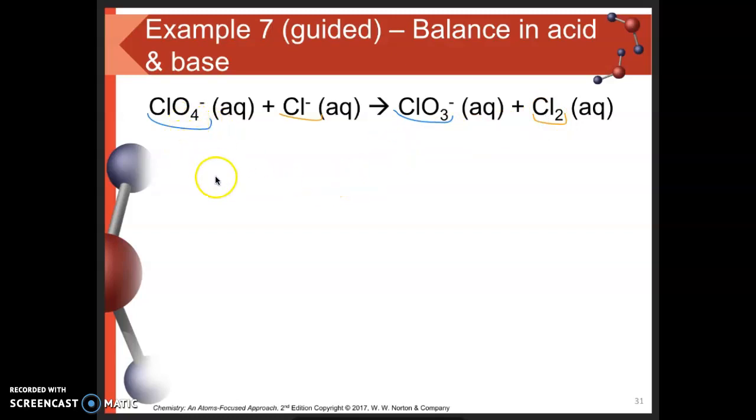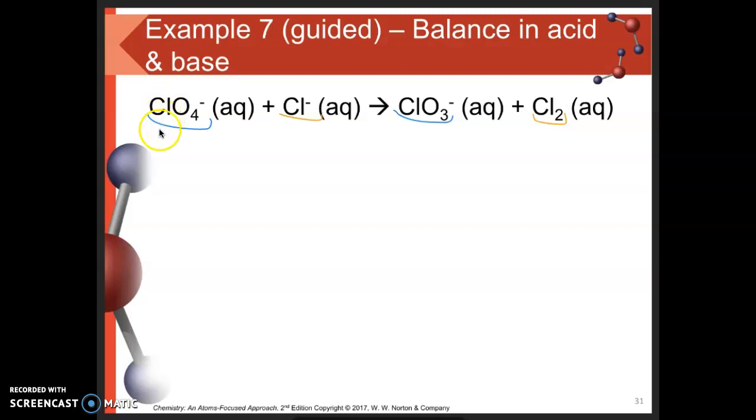There's a good chance that whatever happened from a redox standpoint here, this perchlorate is going to impact what happened in the chlorate. The chloride is going to have an impact on what we see in the chlorine. As we set up our oxidation numbers, keep in mind that idea.